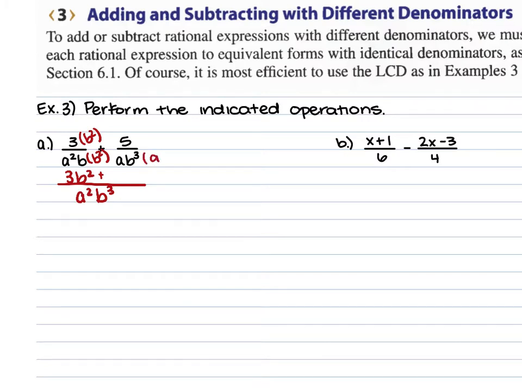You multiplied it by a. So you multiply the top by a, and you get 5a. So from here, if you can combine like terms in your numerator, you do so. If not, that's just your answer. So here, we cannot combine like terms in the numerator, so it's just 3b squared plus 5a over a squared b cubed.